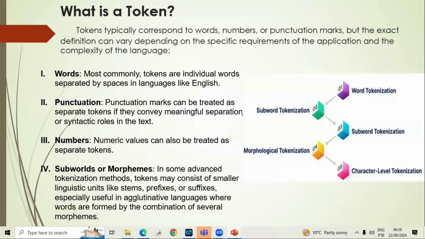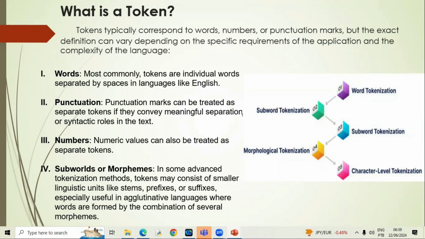So a token is a very small unit in a sentence, but it may be a word or not a word, because it can be subunits of a word, or it can be a morphological token. It can be a space, comma, or any number, or a character-level token, like somebody says don't, they put an apostrophe between N and T. It can be possible.